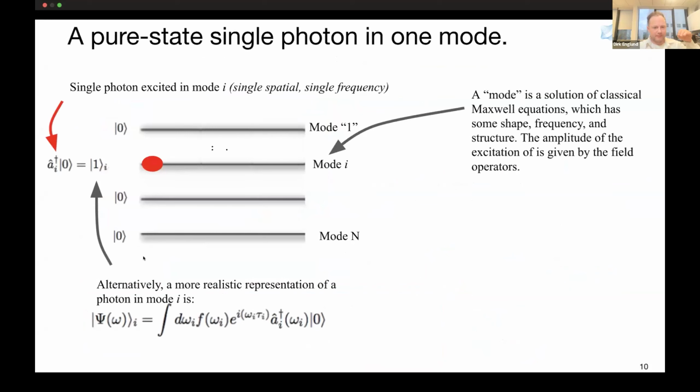Okay, and so once you have quantized the electromagnetic field, as we just did, for a single mode, then you can construct more complex scenarios. For example, here is a set of N modes, which maybe would be N single mode waveguides on a photonic integrated circuit, or just abstractly speaking, an N mode system of any electromagnetic modes that you found by finding the eigenstates of a resonator, for example.